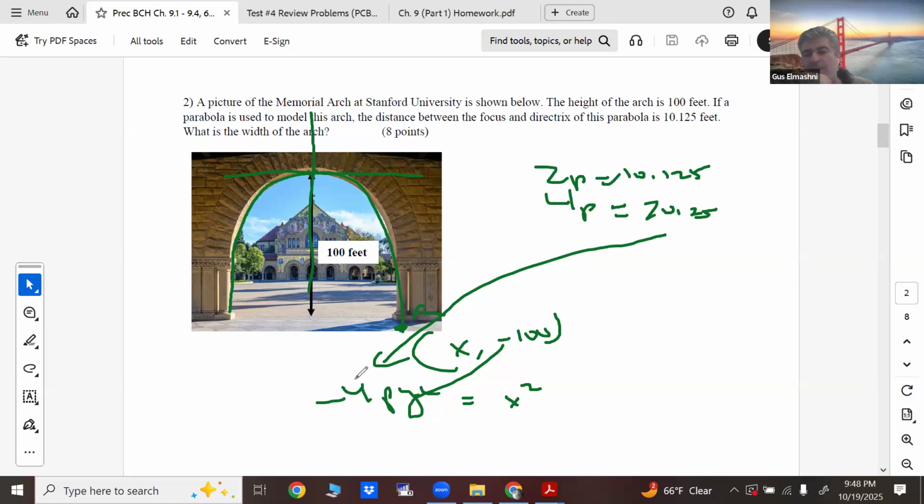Where on campus do we have a structure shaped like a hyperbola? I would like to know. I don't know, you tell me. Maybe there's not one. I think you should tell us which one you picked, and then if someone goes out and measures it and gets it correct, they get extra credit.